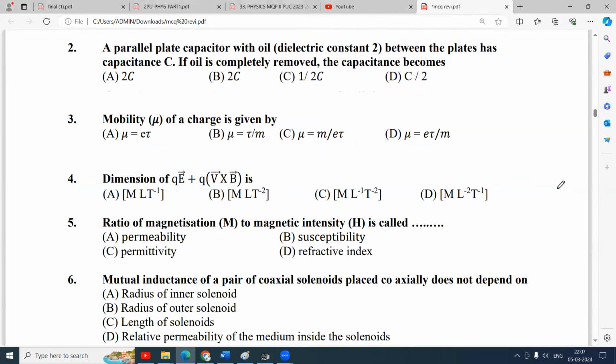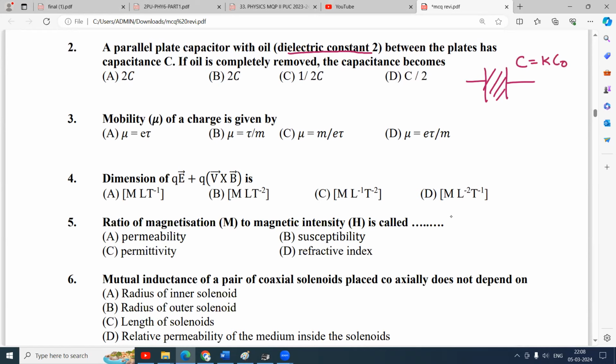Second one. A parallel plate capacitor with oil as dielectric, whose dielectric constant is given as 2, between the plates has a capacitance C. If the oil is completely removed, the capacitance becomes. So in a parallel plate capacitor, if the medium is completely filled with the dielectric, and if C0 is the capacitance without medium, then you know that C is given by K times C0.